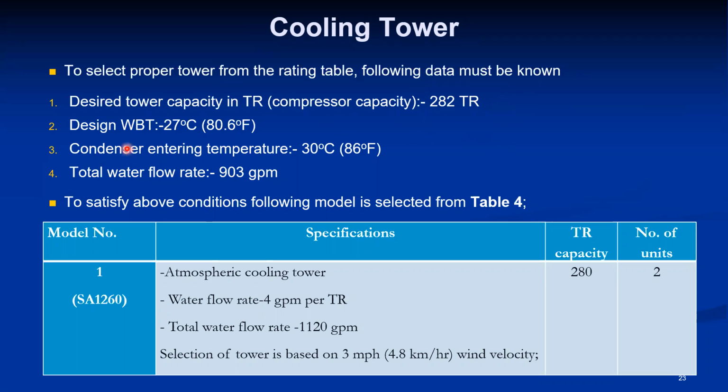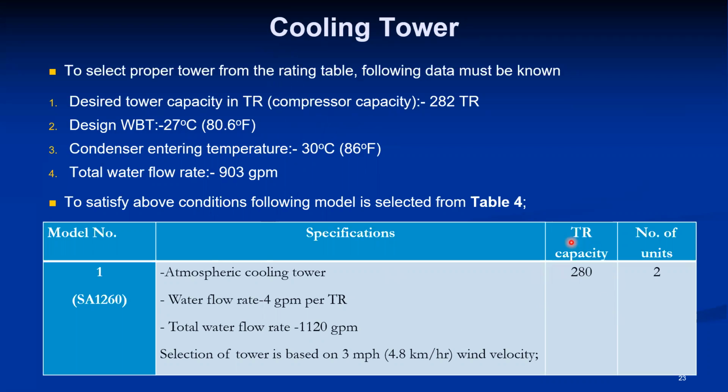Then the design WBT, again based on the geographical area, what should be the WBT there. So this is comparatively for a humid climate, 27 degrees Celsius. Condenser entering temperature available, and what is the total water flow required. So these are the information required for selection of the cooling tower.